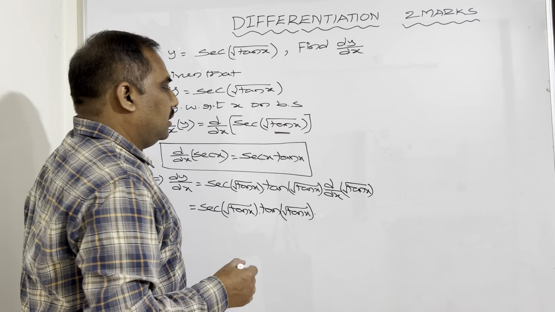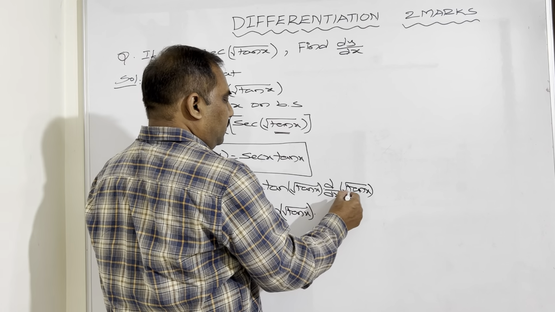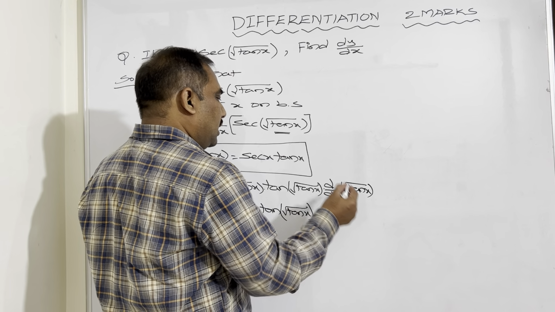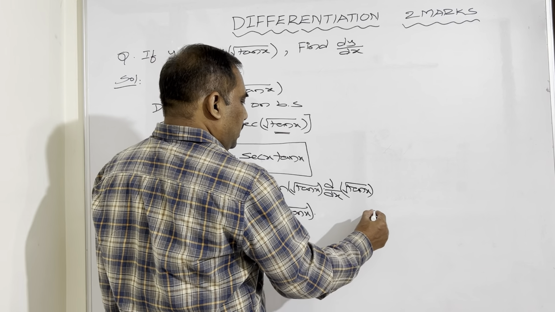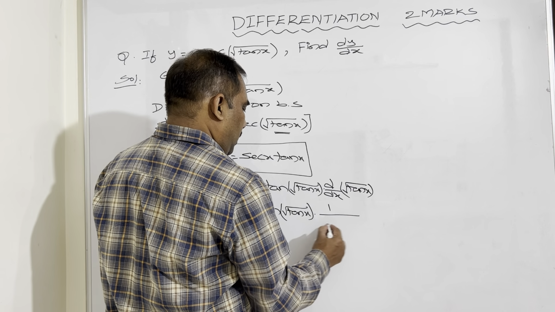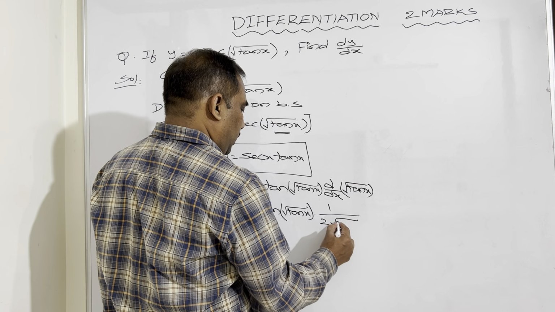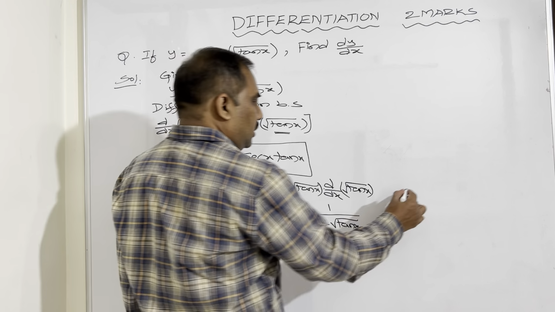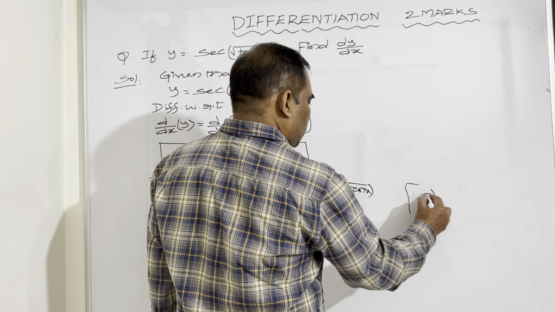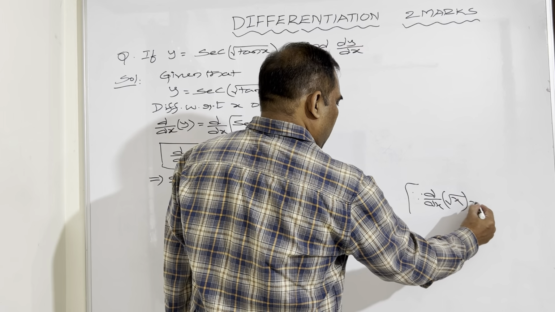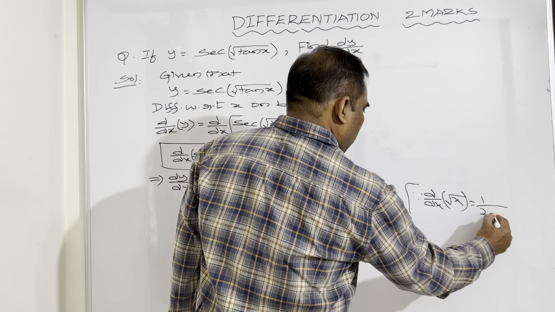into here again the derivative of root tan x. So root tan x is like root x. So d by dx of root x is 1 by 2 root x.